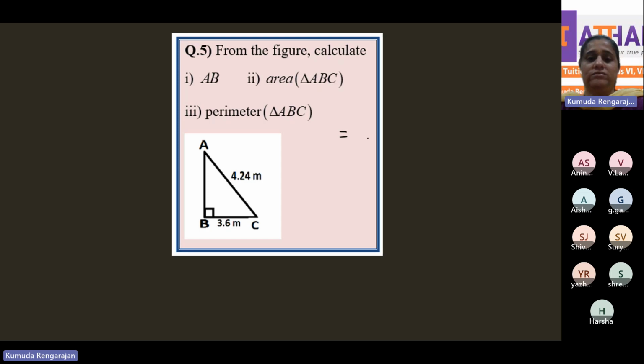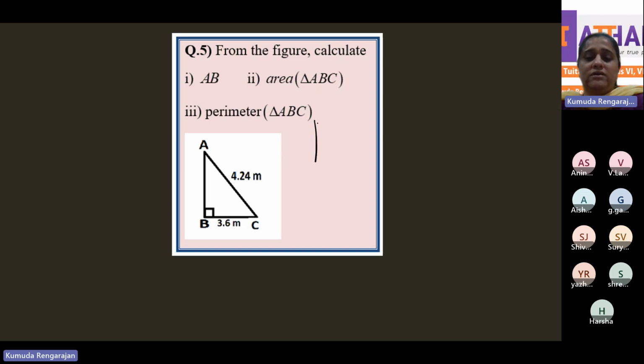So AC square on one side and AB square plus BC square on the other side. This is the sum of the squares of the legs, and this is the square of the hypotenuse. This is how Pythagoras theorem works. You need to substitute here and find AB.